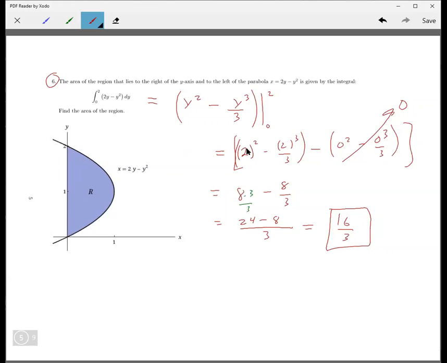Yeah, something's wrong. Oh, this is 4 right here. What am I doing? So we'll back up in time. So this is 4 minus 8/3. And so multiplying by 3 over 3, we get 12 minus 8. Okay, so that's going to be 4/3. Okay, good, great, thanks.